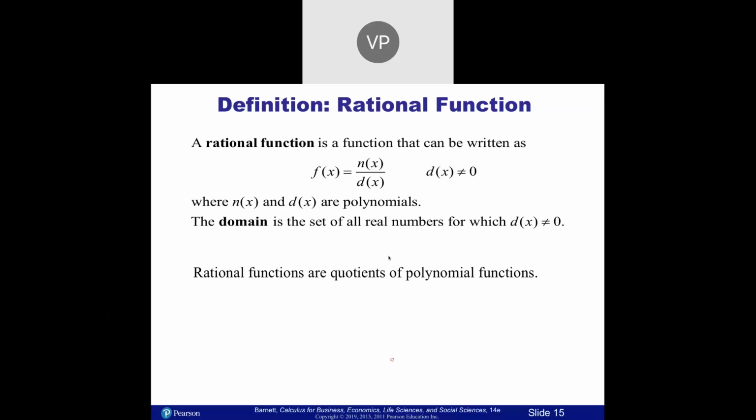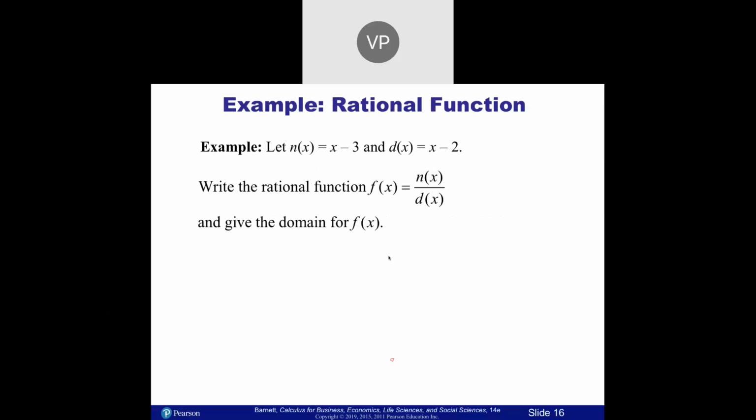So there are quotients of polynomial functions. Like I said, it's dividing. We're division of these. And we've got a few here, so we've got to look at these. And you have a function that's x minus 3 and a function that's x minus 2. The rational function is going to be, and I'll add that because I don't have it here, the one we're looking at is x minus 3 over x minus 2. This is how you're normally going to see it when you get a problem. Okay, so I guess they write it right here, so you can see it without me writing that. But now we want to find what's the domain.